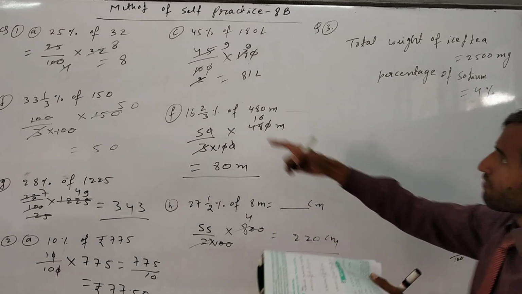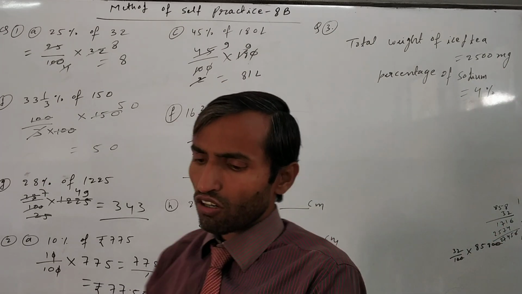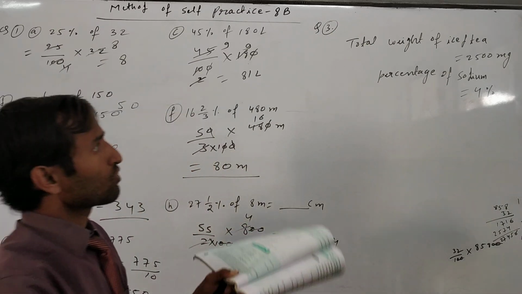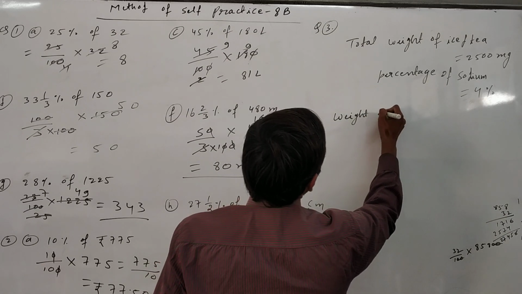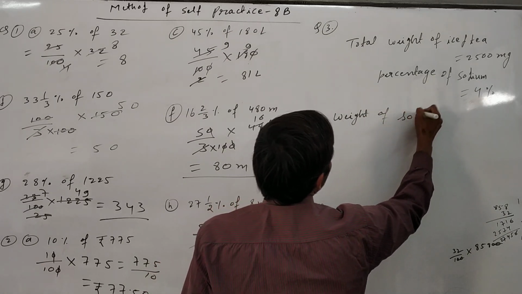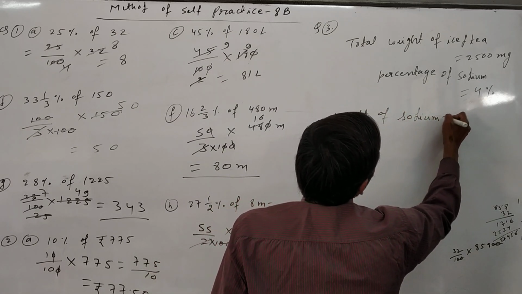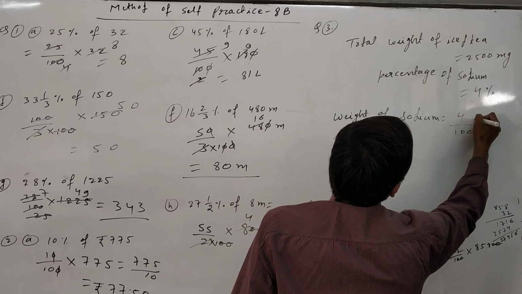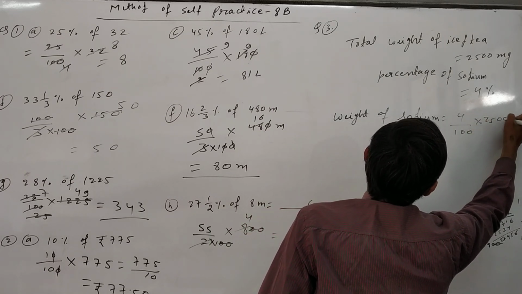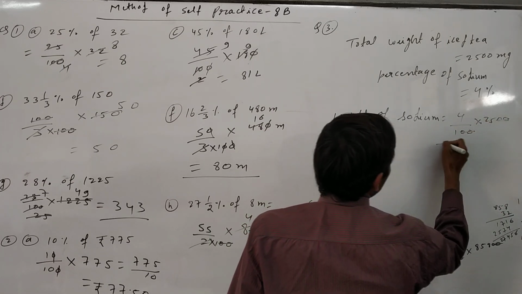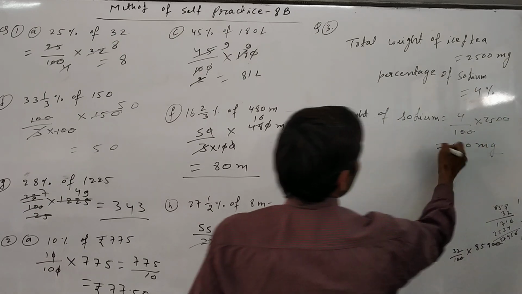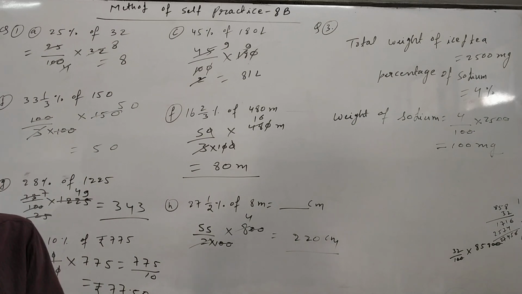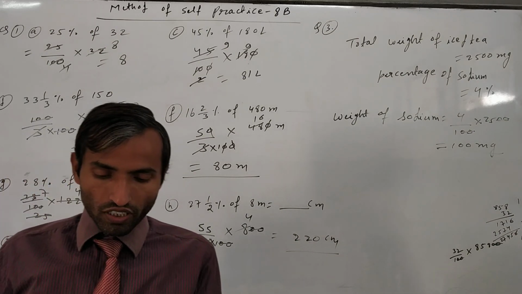So again we have to find 4% of 2500, how much will come. This is how we find the mass of sodium. It will come 4/100 into 2500. So 25 will cancel out, it will come 100 milligram. So this is the final answer, 100 milligram. Now the next, fourth question, just try yourself.